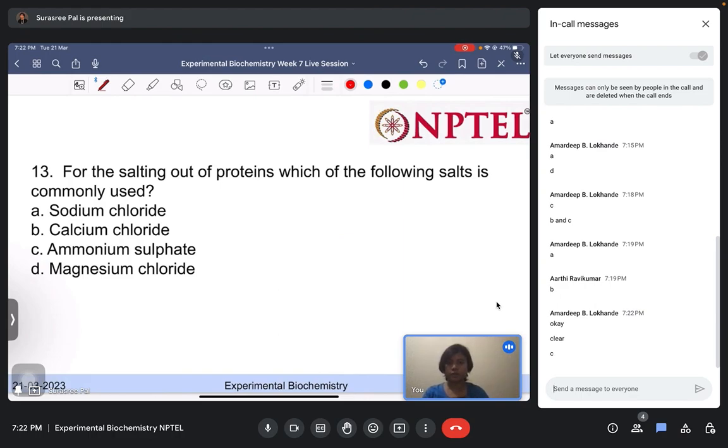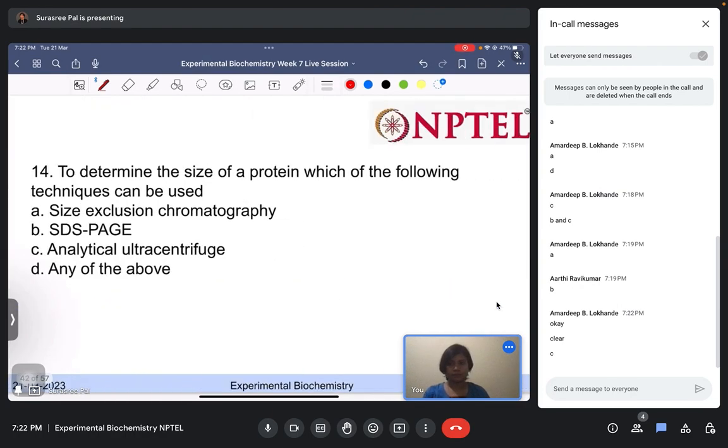For salting out of the protein, the salt which is commonly used is ammonium sulfate. That is the correct answer. Next question.